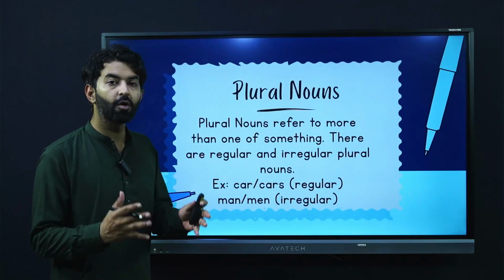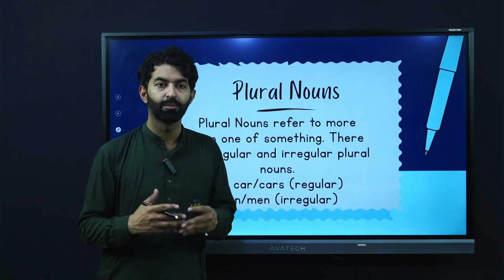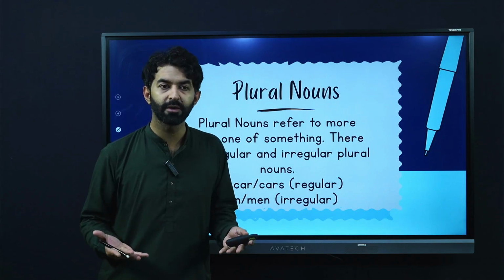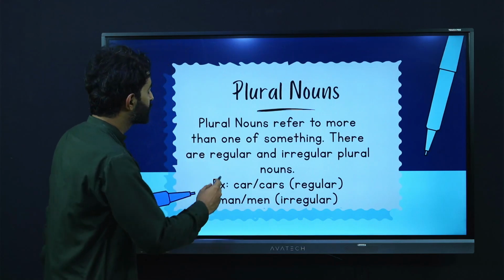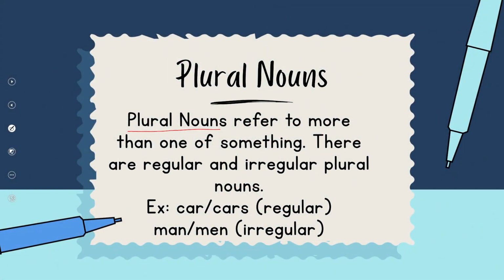Now let's talk about plural nouns. Plural means more than one. It can be more than two also. So plural nouns refer to more than one of something. It could be anything. There are regular and irregular plural nouns. So how many different kinds of plural nouns are there?